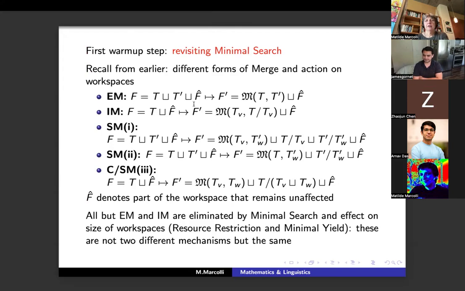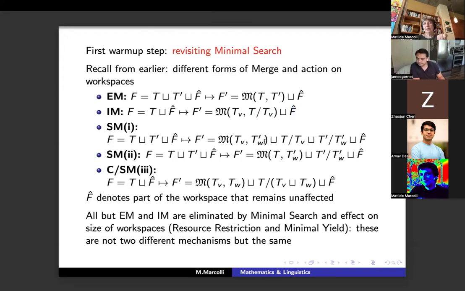There's an external merge, where it is applied to two entire components of the workspace, merging them together and keeping whatever other components untouched. There is the internal merge, where you extract an accessible term of one component and you merge it with the rest of the same component, and you keep whatever was not that component untouched.